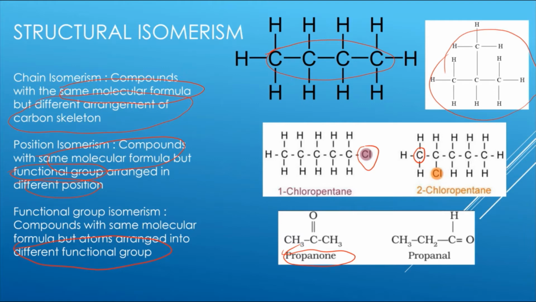It's propanone because the carbon bonded to the oxygen has carbons attached to two other carbons. If it was only attached to one other carbon, then it would be propanol, which in this case it is. So this is a different functional group. Even though they have the same molecular formula, with one oxygen and nothing else added, because they have formed a different functional group, this is functional group isomerism.